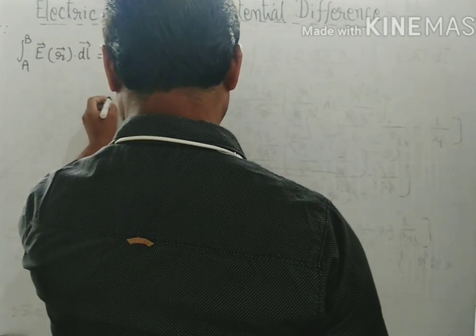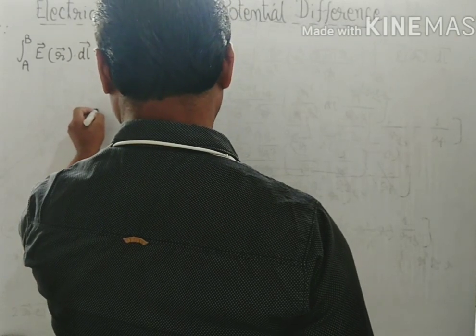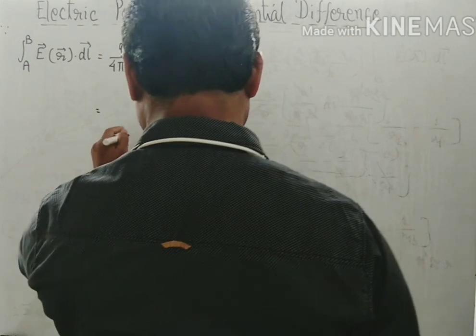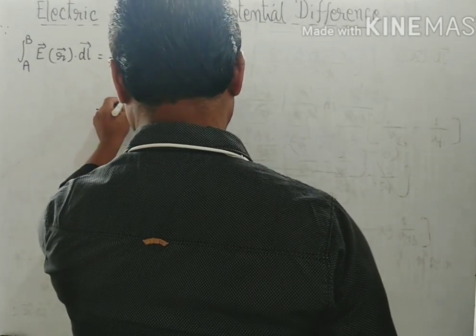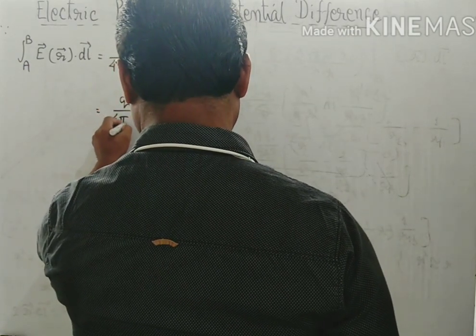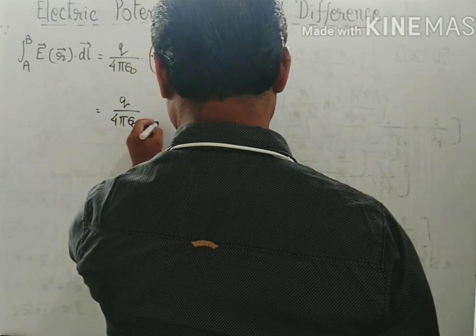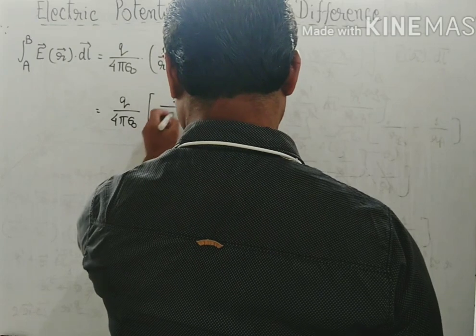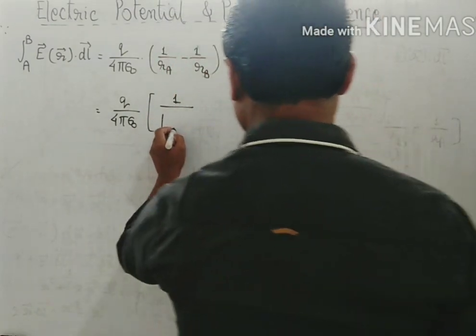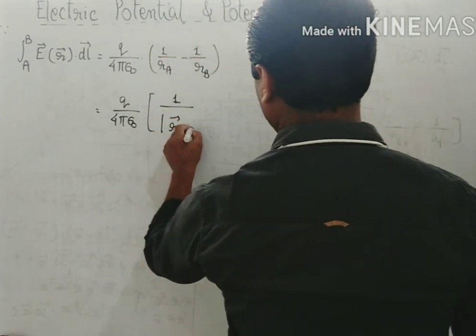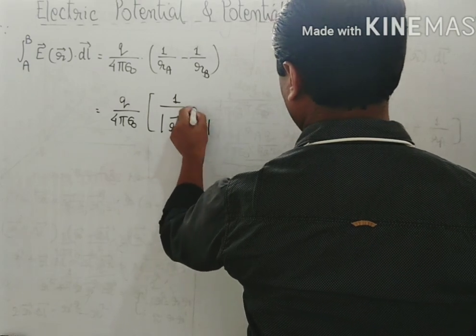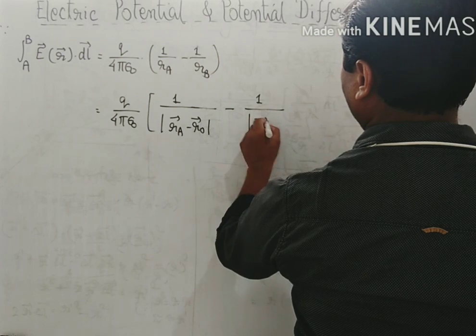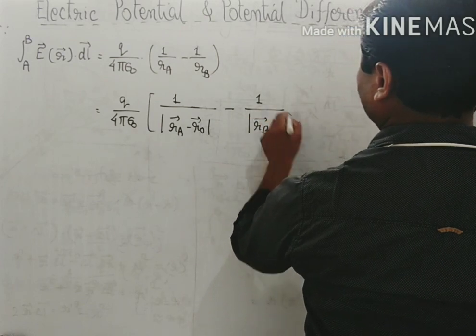Now hereafter, in terms of position vectors, we can write this as 1 upon 4 pi epsilon naught into 1 upon mod of vector Ra minus vector R naught, minus 1 upon mod of vector Rb minus vector R naught.